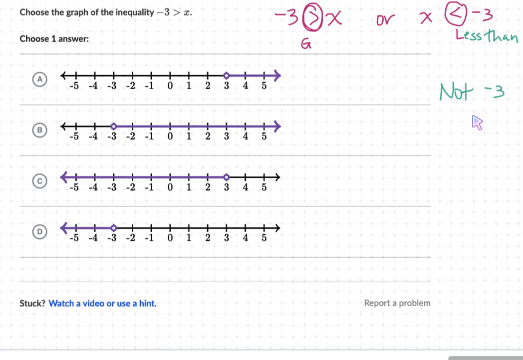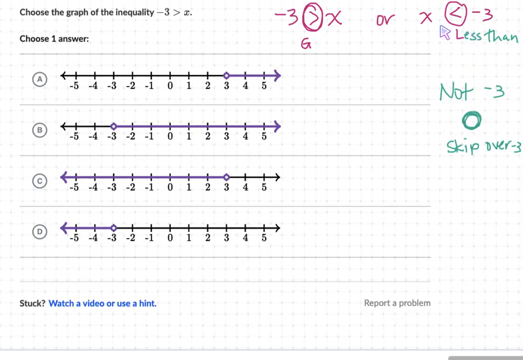So does that mean it's an open circle or a closed circle? Well, if we're not including -3, we want an open circle because we want to tell our audience that we're going to skip over -3. If we included -3, then we would shade it in. So I'm looking for an open circle. Well, all of them are open circles, so that didn't help me eliminate anything.